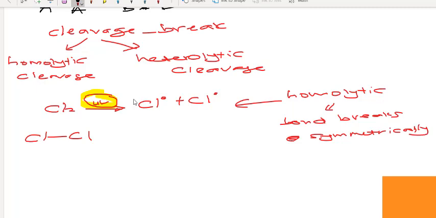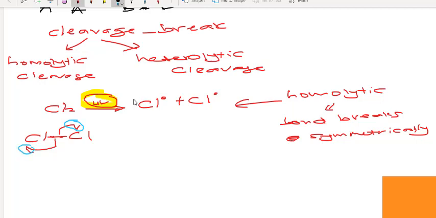If we got 2 electrons in the bond, 1 electron will be given to this Cl, so the arrow must be a single-headed arrow. Another electron will be given to the other Cl. The single-headed arrow represents one electron.